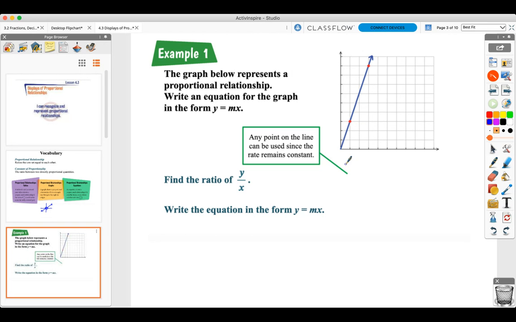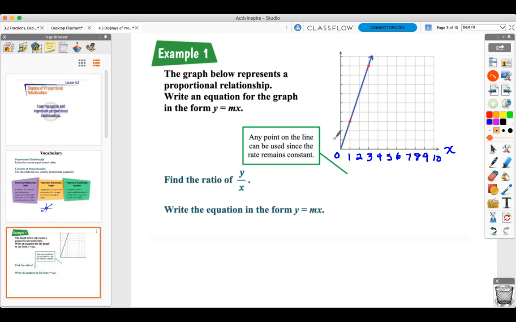If you're not sure, it's not a bad idea to go 0, 1, 2, 3, 4, 5, 6, 7, 8, 9, 10. Let's do the same thing for the y's. Remember, the x is always going to be the horizontal axis and the y is going to be the vertical axis.